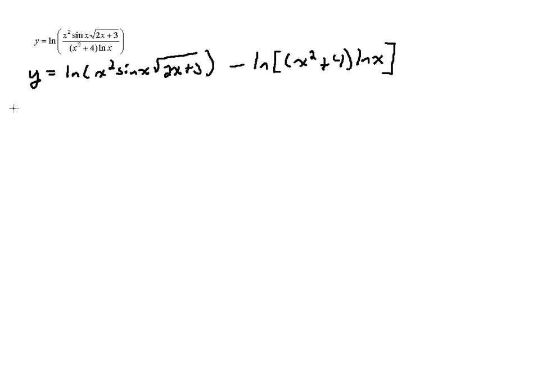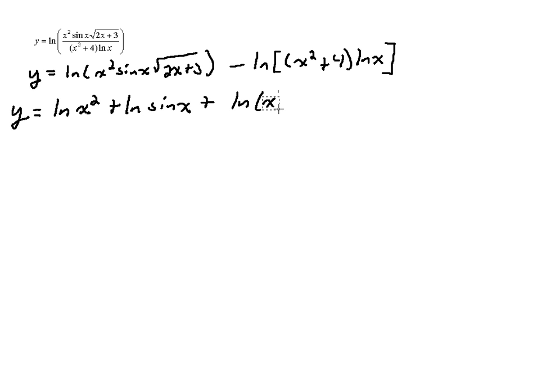So we get y equals the ln of x squared plus the ln of the sine of x plus the ln of, and I'm going to change this square root to the exponent of 1/2. Oops, I made a mistake there, let me fix that.